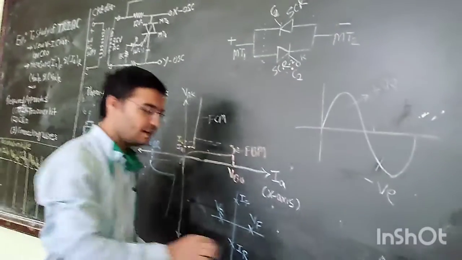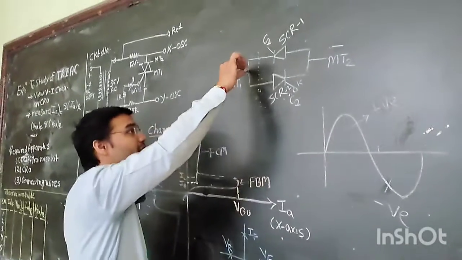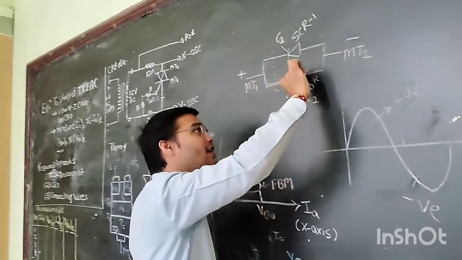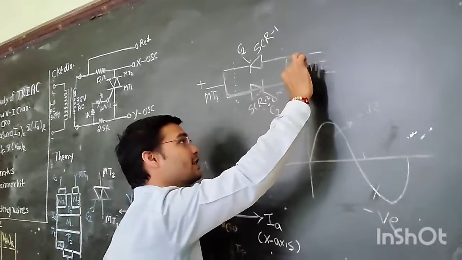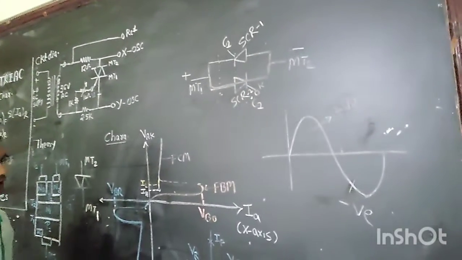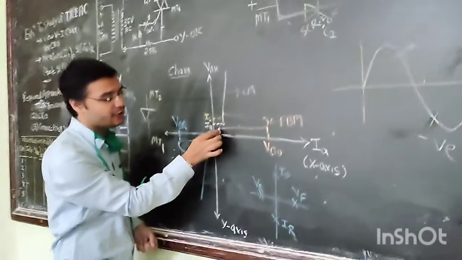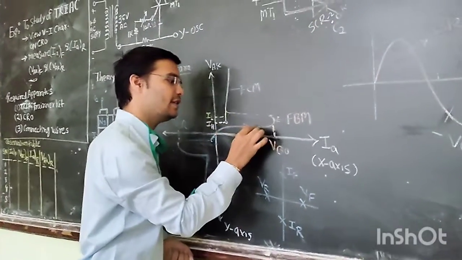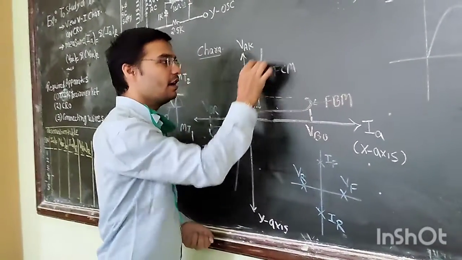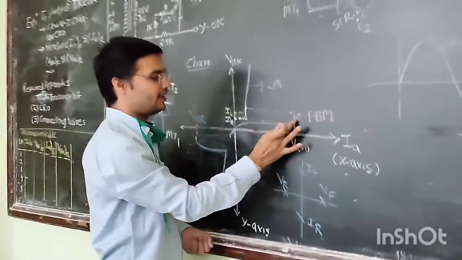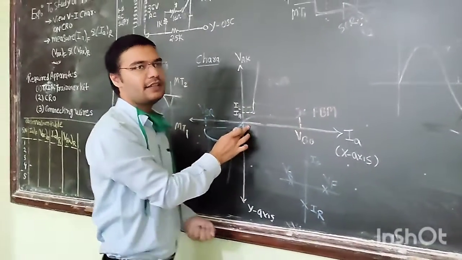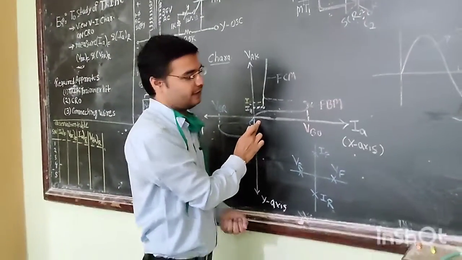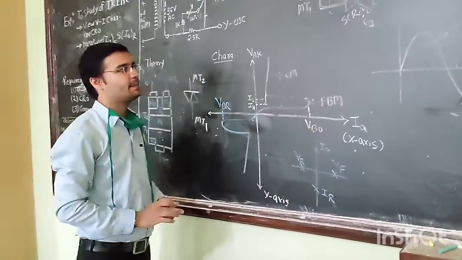SCR2 is forward biased, so current flows in this manner and it is in the on state during the positive half cycle. During the positive half cycle this characteristic looks like the SCR characteristic, because SCR2 is in the on state. The concept behind the shift of this characteristic is the same as for the SCR characteristics.